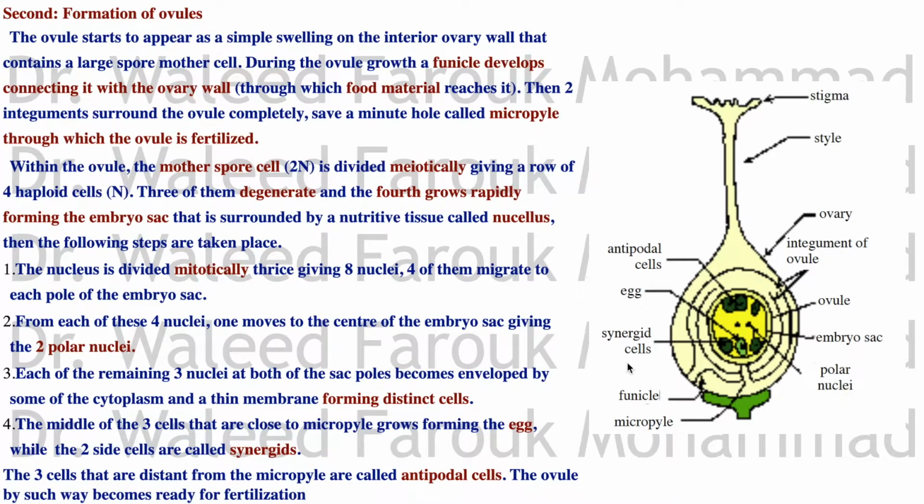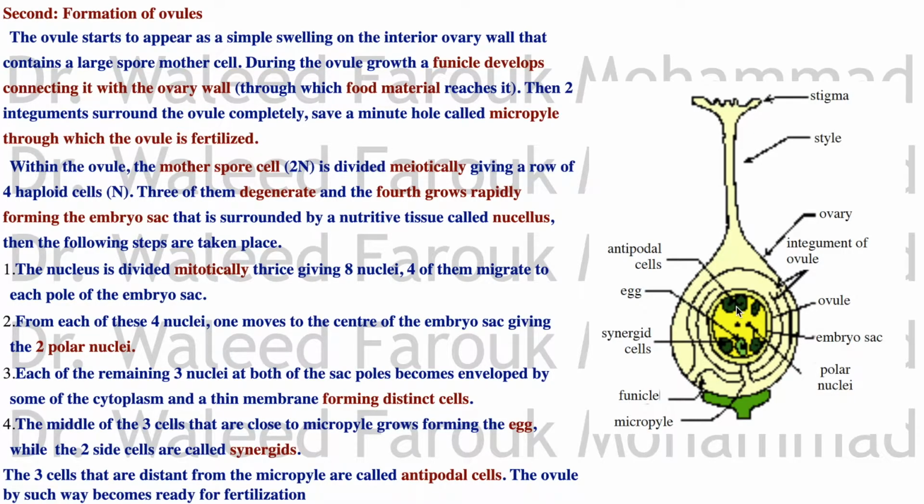Okay? So again, the nucleus divides mitotically 3 times, gives 8 nuclei. 4 of them migrate to each pole of the embryo sac. Now, from the 4, 1 moves on each side, 1 moves to the center, so 2 at the center. They are called the 2 polar nuclei.